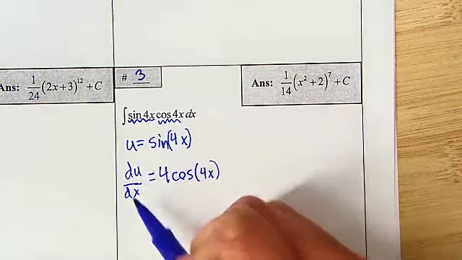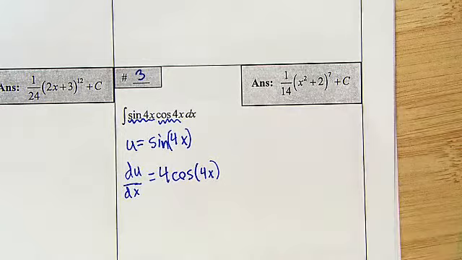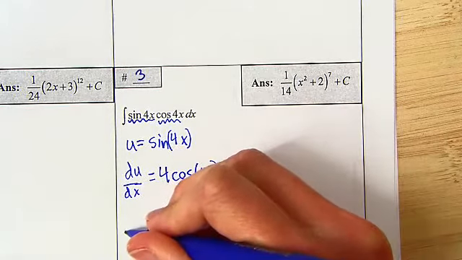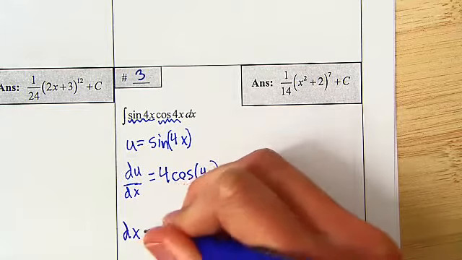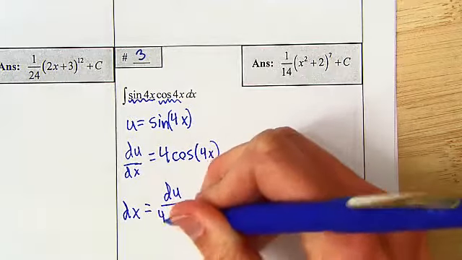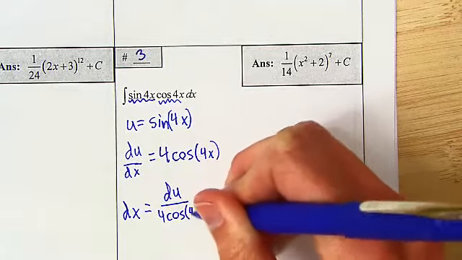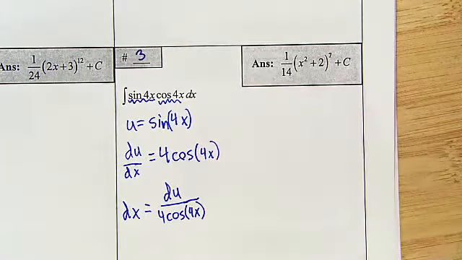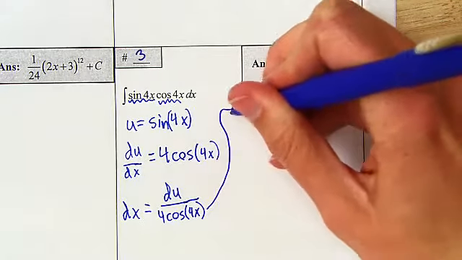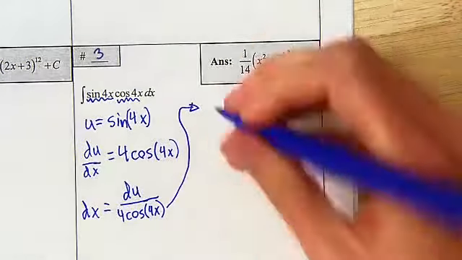Okay, so now you're going to go ahead and get dx by itself, multiply it to both sides, do all that stuff, and you will end up getting dx is equal to du over 4 cosine of 4x. Okay. Now that we got that dx by itself, I can go ahead and rewrite that integral using u's.